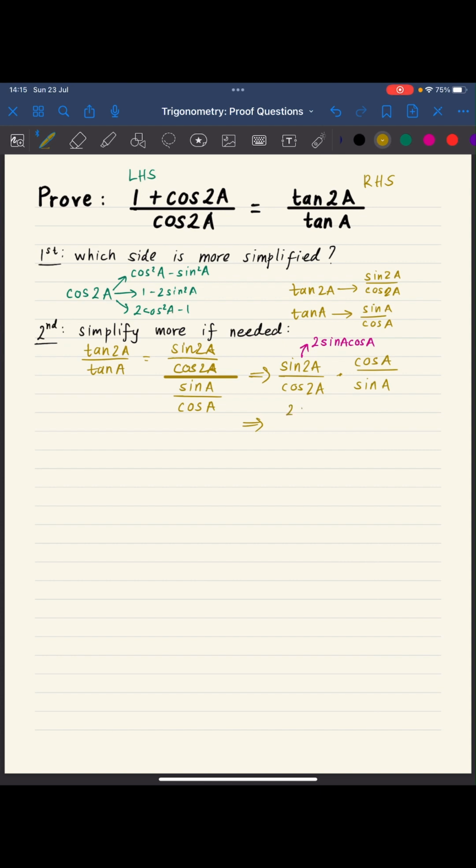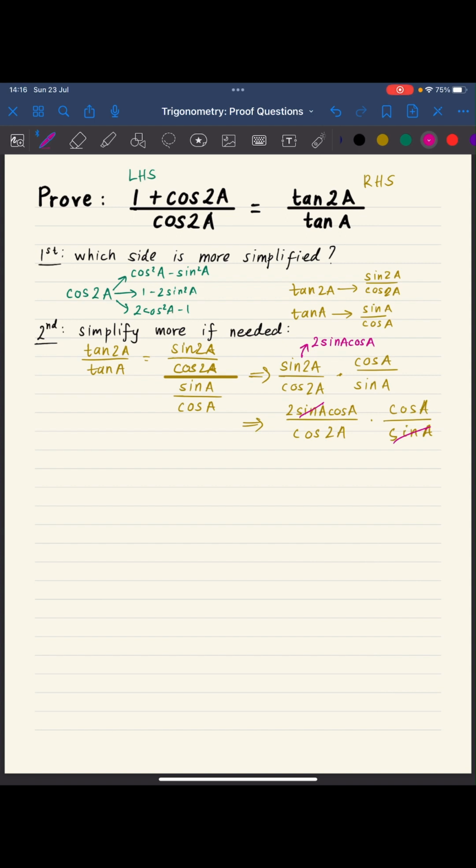So we're going to have 2 sine a cos a over cos 2a multiplied by cos a over sine a. Now we can see something here. We can cancel this and this because there is only multiplication between the different terms.